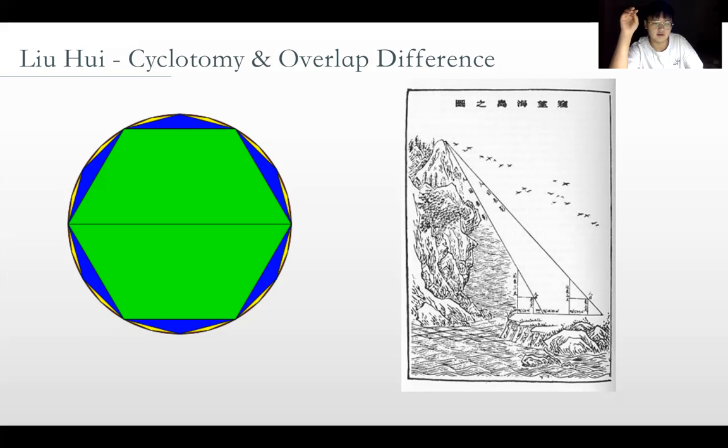If we repeat those steps unlimitedly, we can get closer and closer to the area of the circle. That's very alike to the cyclotomy of other ancient mathematicians.